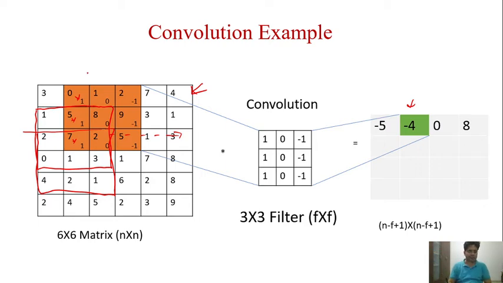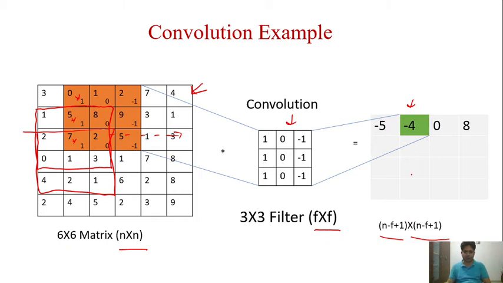Once in that way your entire convolution operation is done with the same filter, then we will have the output here. So the output matrix will be generated in this form, or you can say the size of the matrix will be n minus f plus 1 by n minus f plus 1. What is n here? n is the size of the input matrix, that is n cross n. f is the size of the filter, so here it is 3 by 3, and n is 6 by 6.